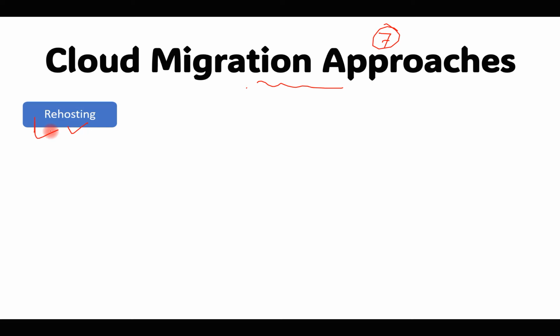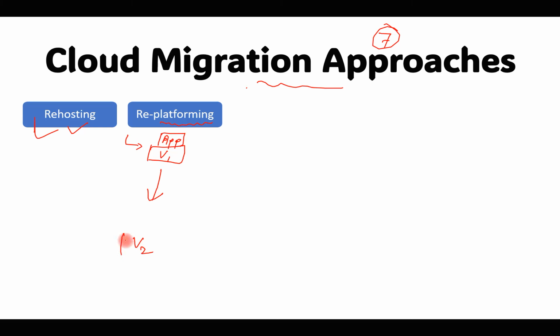Next approach is replatforming. As the name itself says, here we need to make changes in terms of platform. For example, if you are using a Linux platform and your application is running on version 1, then when we migrate to the cloud, it will be on the second version of Linux.